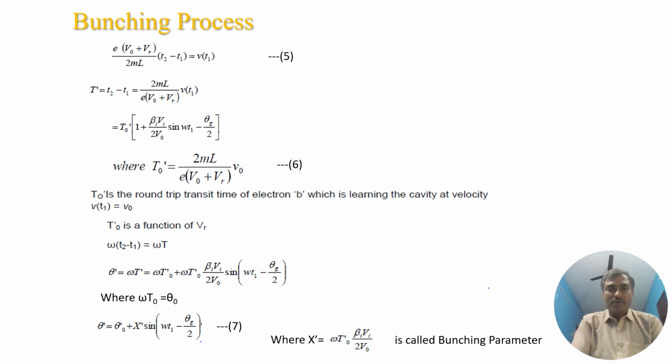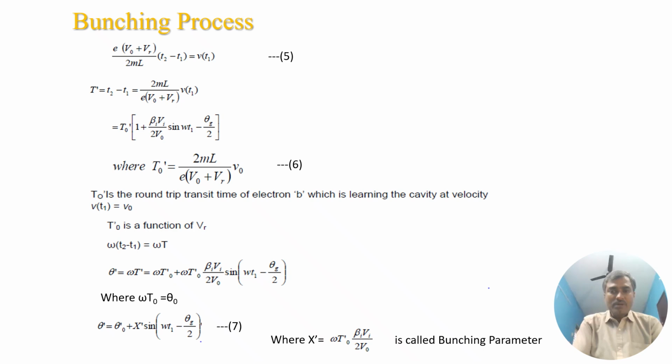From expression number 5, we can form the round trip transit time, which is the time difference between T2 and T1. That means the time taken by the electron to leave the cavity gap and return to the cavity gap after being reflected by the repeller plate, and the value is given by T2 − T1 = 2mL V(T1) / (e (VR + V0)).